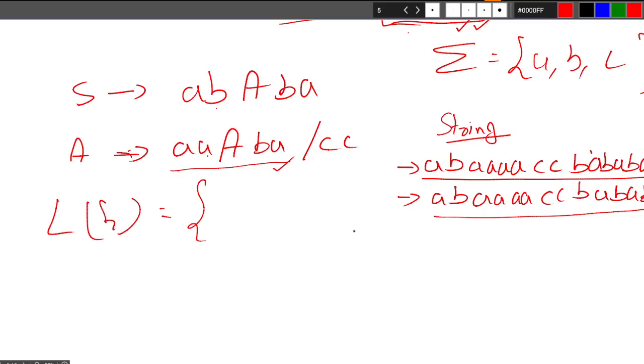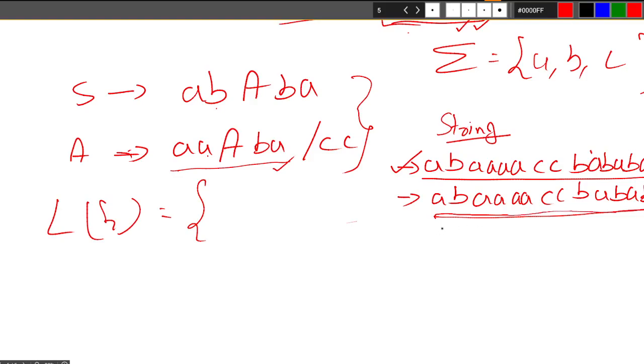Yes, sir. Is this string possible with this grammar? No, sir. Any good reason?